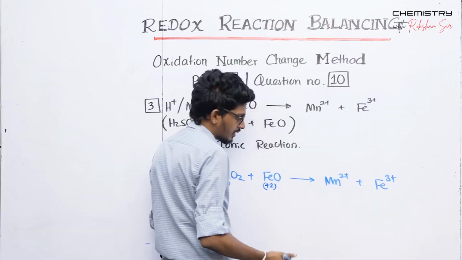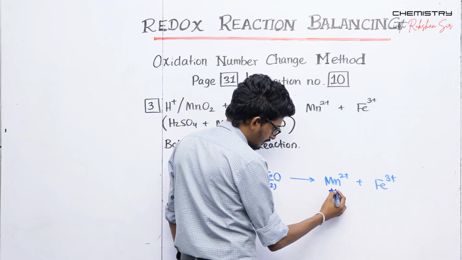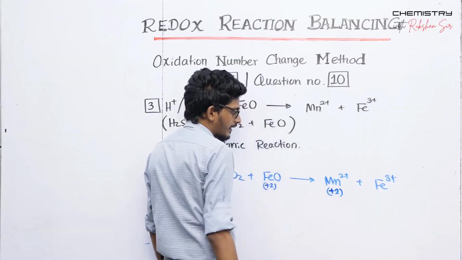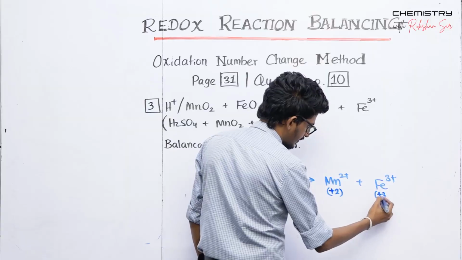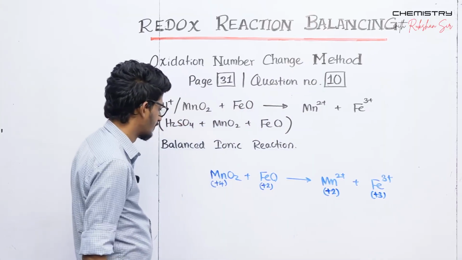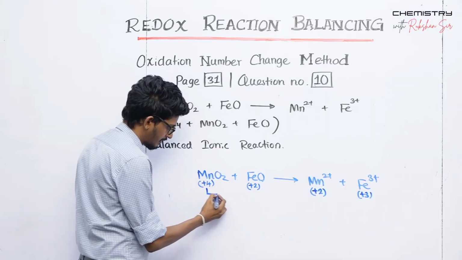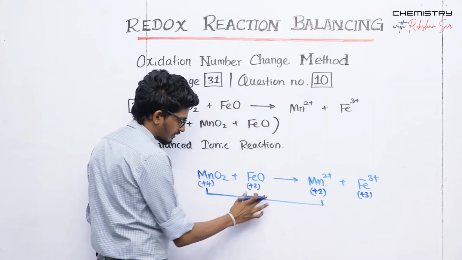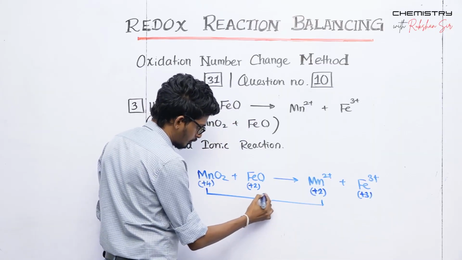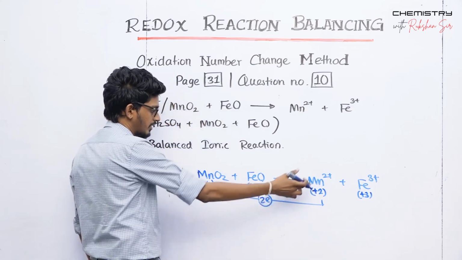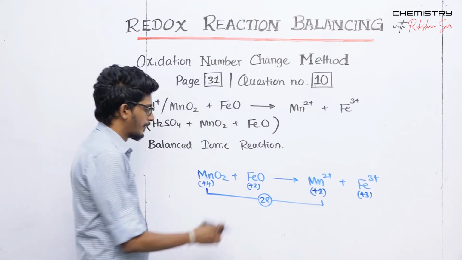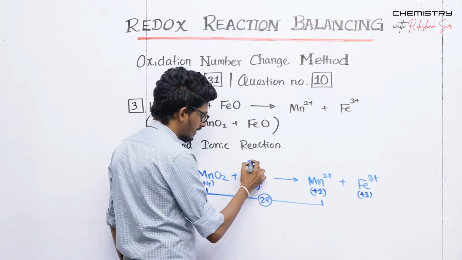So here this guy is with +2 and this guy is with +3, right? So let's come up with the change in oxidation states, +4 to +2. That means 2 electrons are gained by this one. So +2 and +3, so 1 electron difference.